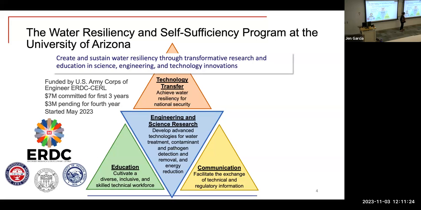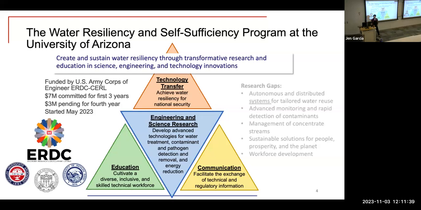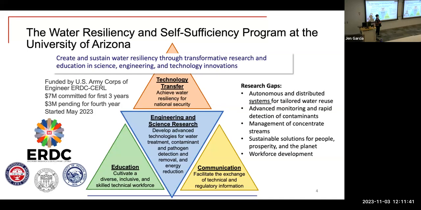But at the core of this is we have engineering and science research, technology transfer, which leads to communication and education. So this center, which was just funded in May, is really starting to address a lot of these research gaps with water resiliency and looking at water circularity. So at the core of this we have autonomous and distributed systems for tailored water reuse.